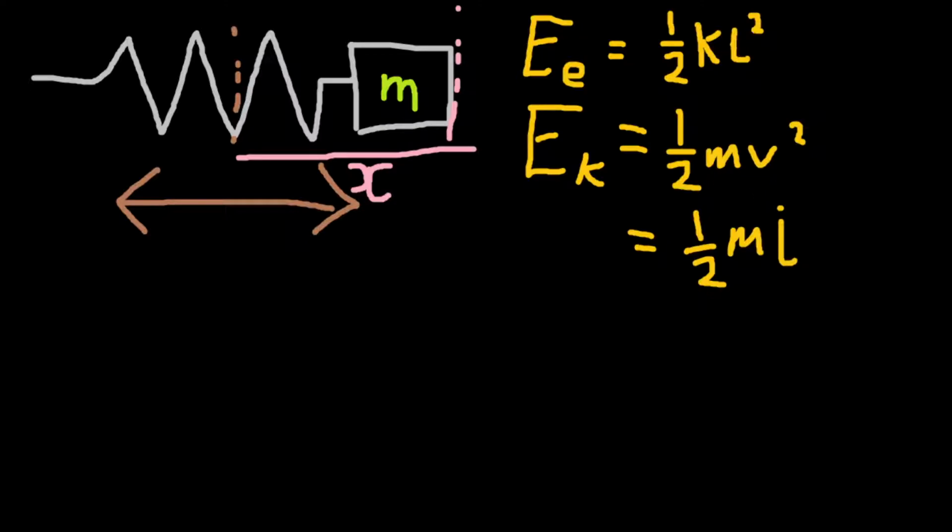Oh, I've really bugged this up, haven't I? One second, folks, let me just fix my variables. Alright, this can also be written as 1/2 m x dot squared, where x dot is the time derivative of the position x, so the rate of change of x is the velocity.